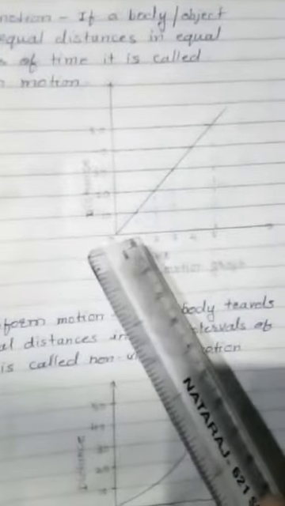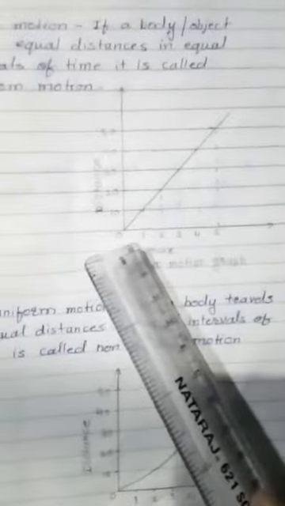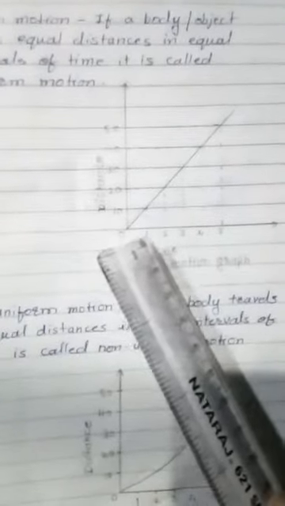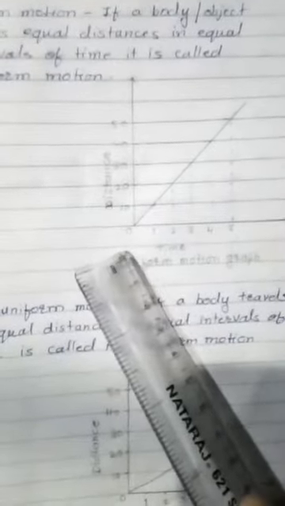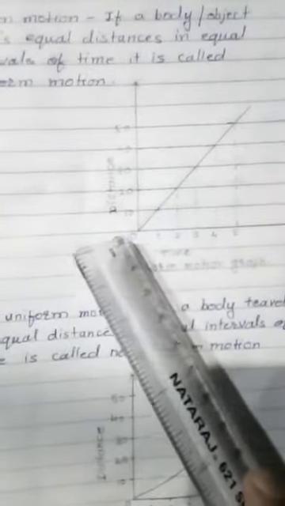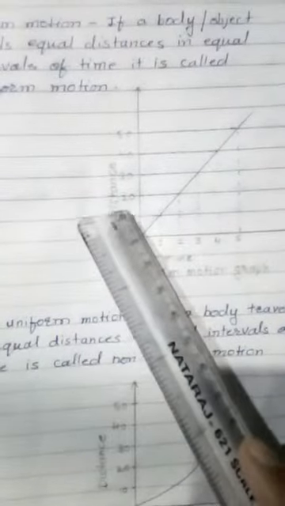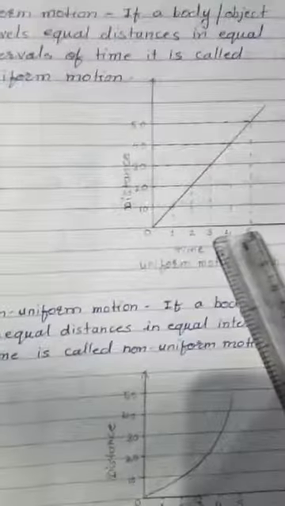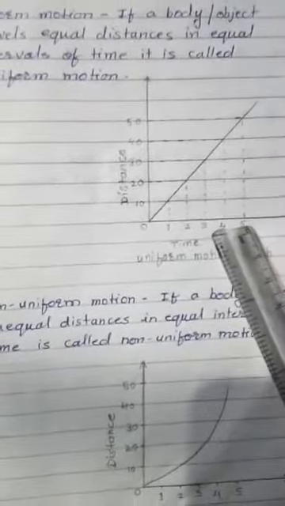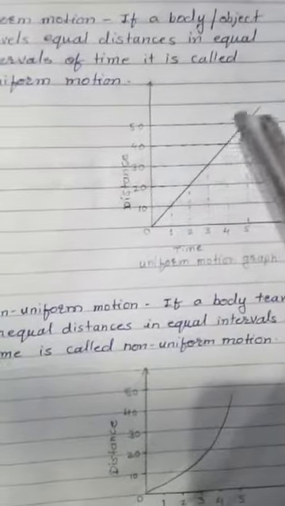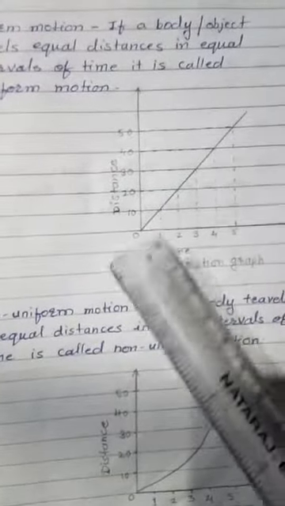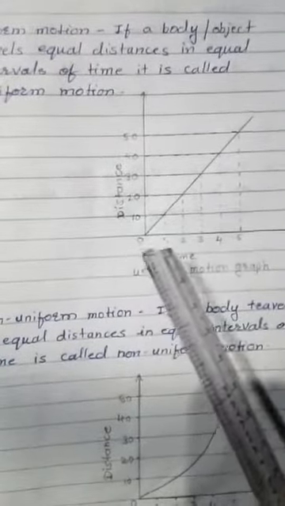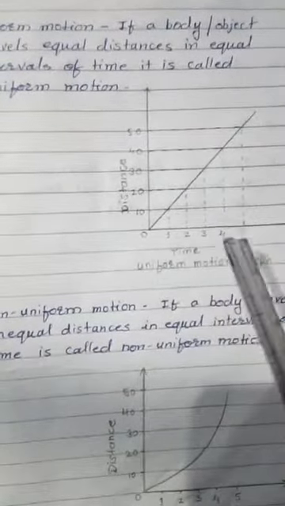I drew here a rough diagram. From that also you come to know how we can say the object is in uniform motion. If an object covers equal distances in equal intervals of time, and from that information we get a straight line, it means this object is in uniform motion.